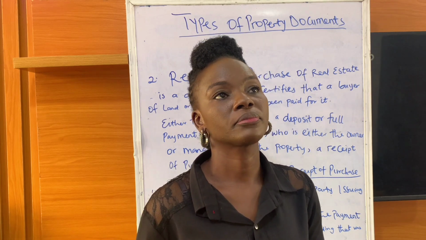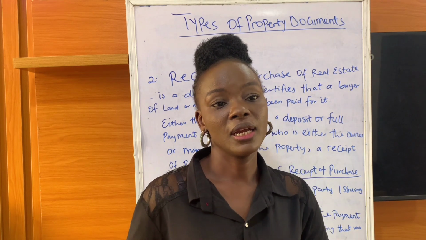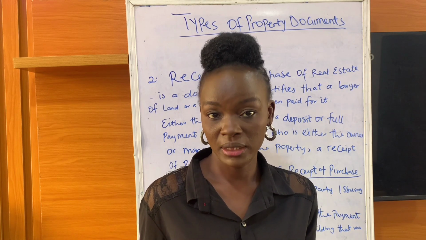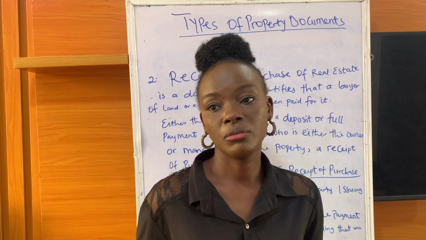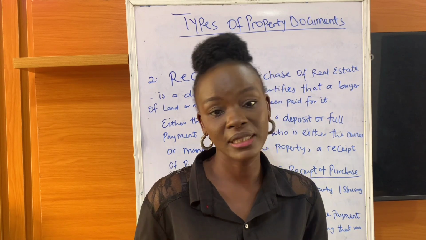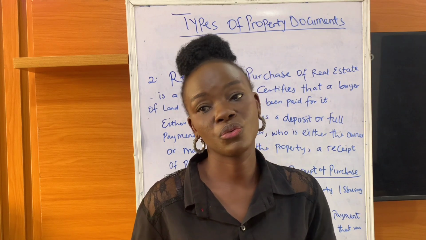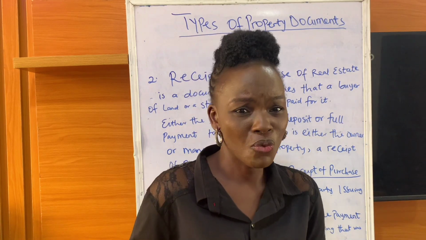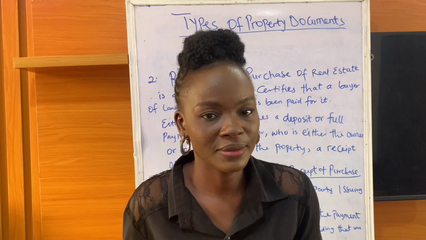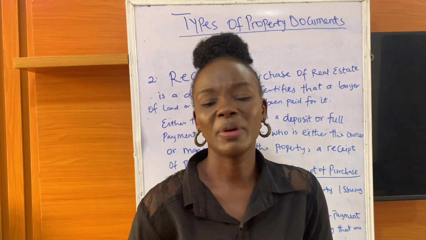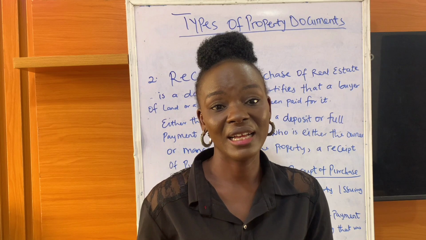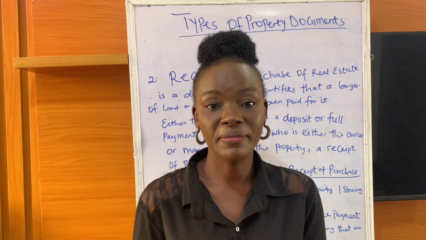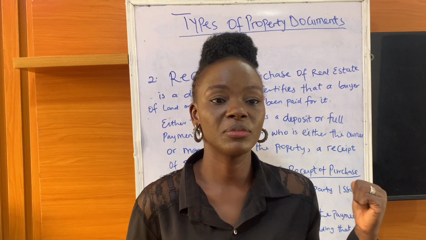There are cases where somebody wants to buy a property and is given the grace to pay on installment, or pay a deposit of some percentage, and then spread the balance within 6 months, or 3 months, or 2 months, or within a month or a week, depending on the agreement they both had. Remember, we talked about the deed of assignment. Depending on the agreement they both had at the point of agreement on the property that is being sold.